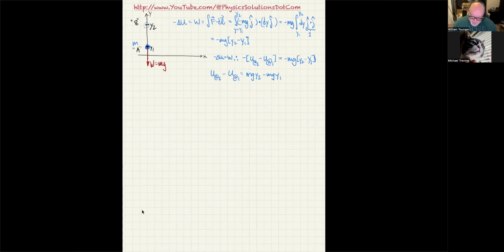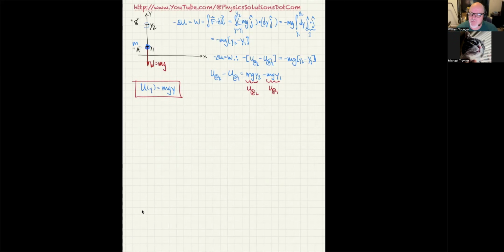And now you see, oh, this mg y2 must be U at 2, and this mg y1 must be U at 1. So that tells us specifically U of y is equal to m times g times y. And you might say, well, what about the origin of coordinates? Isn't that going to matter?